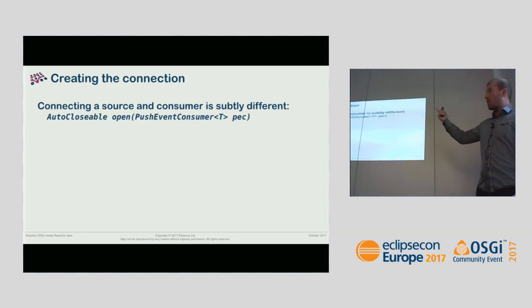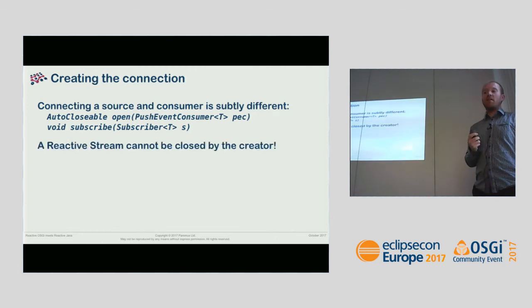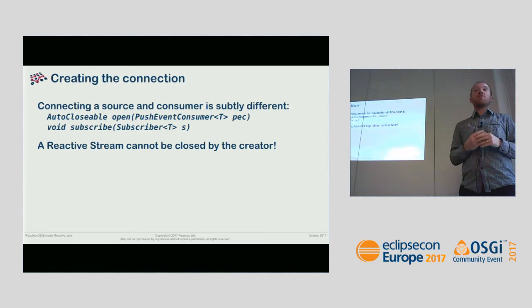So with the push stream, I told you there's this closable, which is returned by the method that connects the source to the consumer. Whereas in reactive streams, the publisher is connected to the subscriber with a method that's void. So that means that the person who connects these two things in reactive streams cannot close the stream. Once they've made the connection, their work here is done and they can't close it.